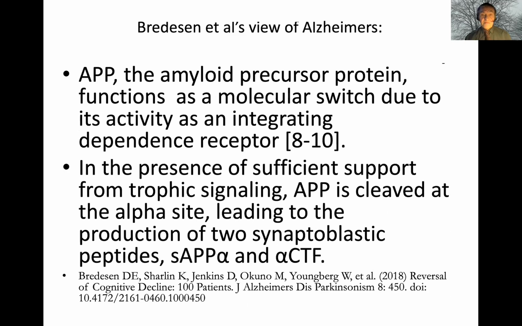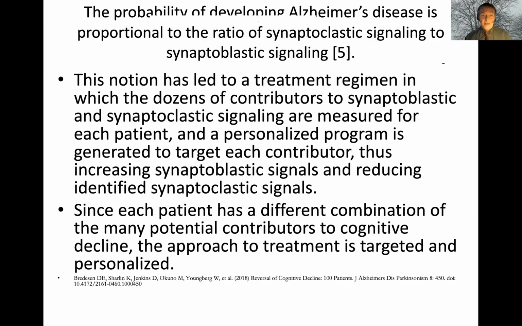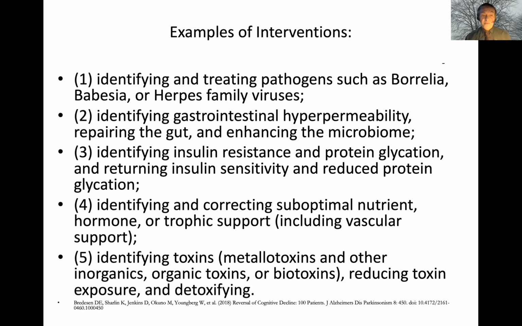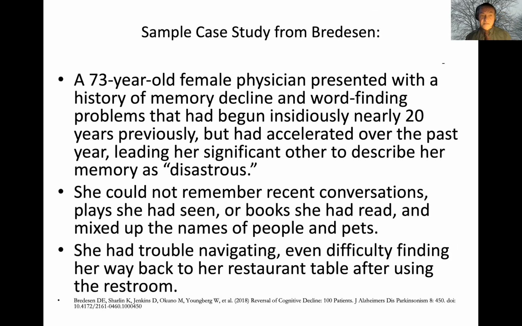So I'm going to go on to examples of interventions, which include identifying and treating pathogens such as Borrelia, Babesia, or herpes family viruses, identifying gastrointestinal hyperpermeability, repairing the gut and enhancing the microbiome, reducing insulin resistance, providing improved nutrition, hormonal and trophic support, and reducing toxins.